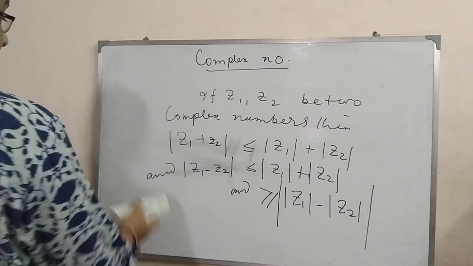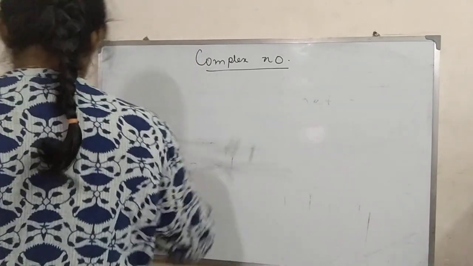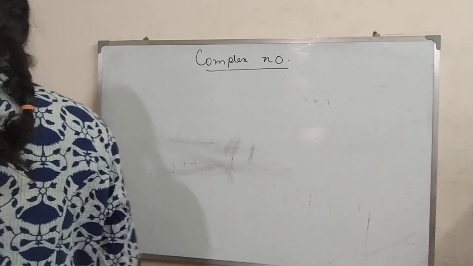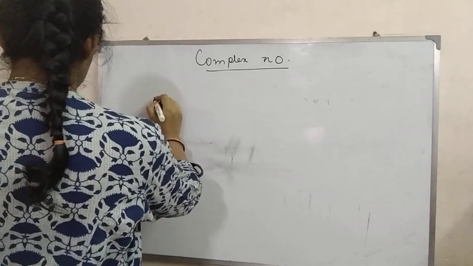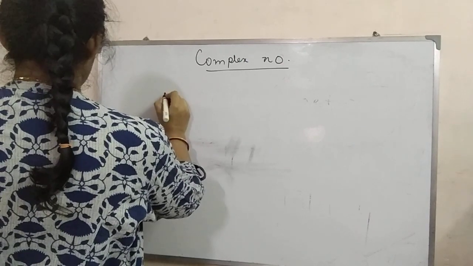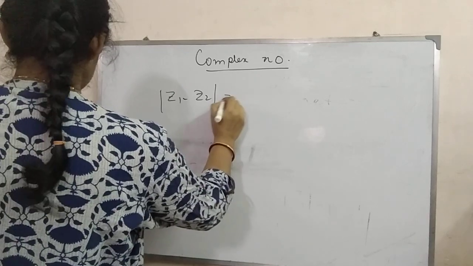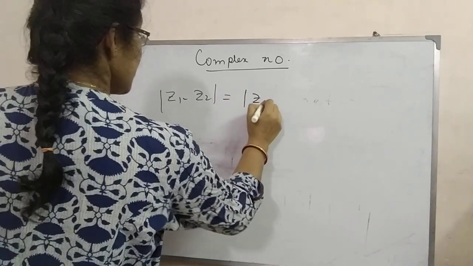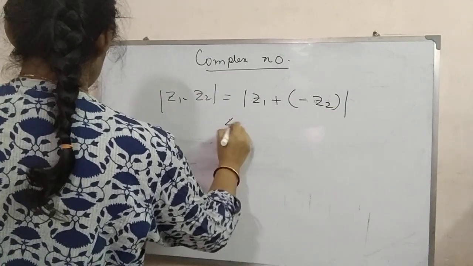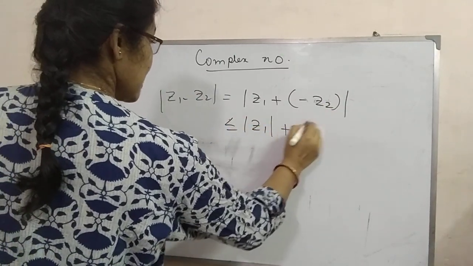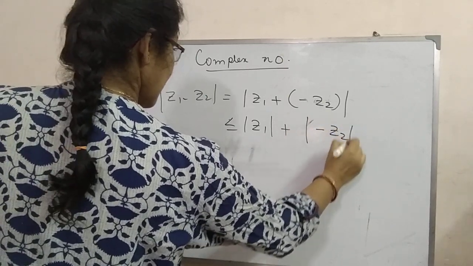Okay, I am explaining. Modulus of Z1 minus Z2, this is equal to modulus of Z1 plus (minus Z2), which is less than or equal to modulus Z1 plus modulus of minus Z2.